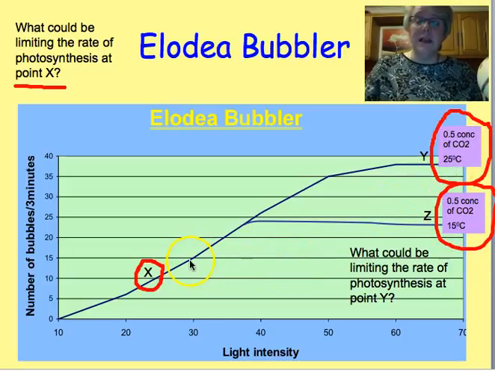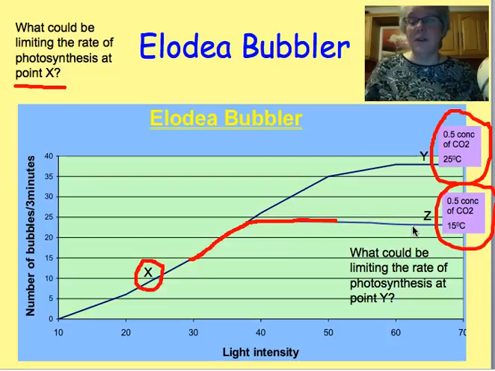So that is telling us, if we have a look at our results, as we come up this slope here and this starts to level off, what is limiting the photosynthesis at this stage? Is it the carbon dioxide concentration? Well, it's not that, because when we look up here, the carbon dioxide concentration is the same. So there's not been any change made to the carbon dioxide concentration, but there has been a change made to the temperature.